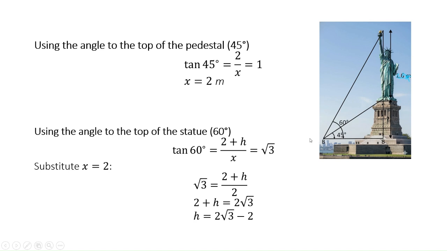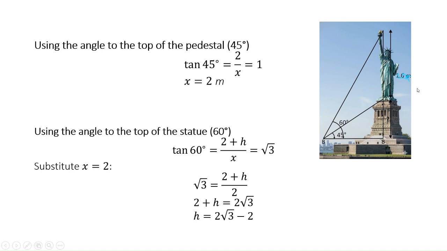Now we are using the angle to the top of the statue. What is the angle of elevation given to the top of the statue? 60 degrees. Again, we apply the simple trigonometric ratio tan theta, which is opposite side by adjacent side. Here theta is 60 degrees. tan 60 is equal to 2 plus h. What is 2 plus h?